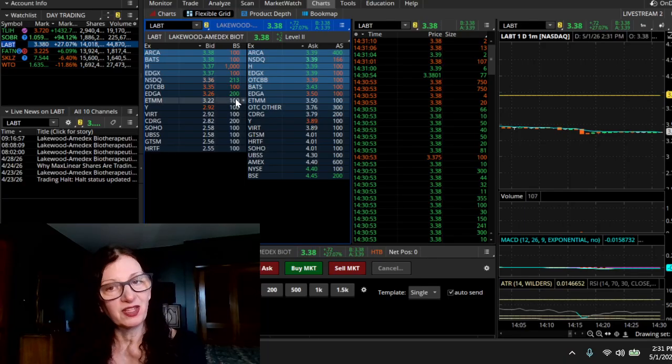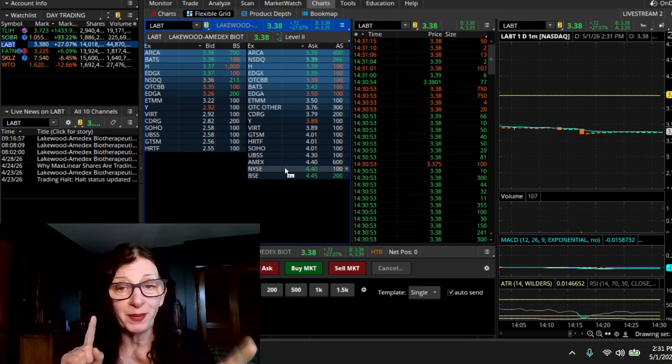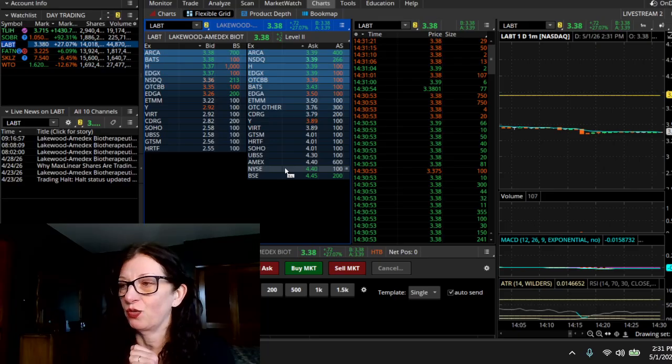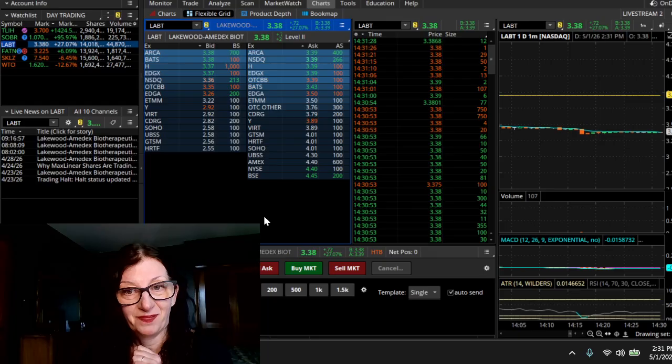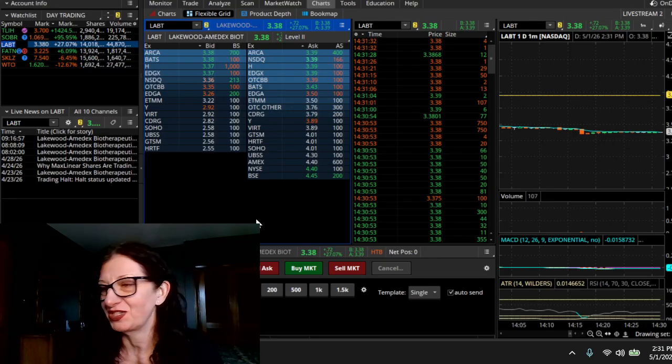So that's the thing that I really want you to remember is these are real orders placed on the level 2. Now you'll see orders popping off and on, right? So let's just say that you placed an order, you'll see it on the level 2. You'll see it on the level 2, and that's so fun to see your own order on the level 2.